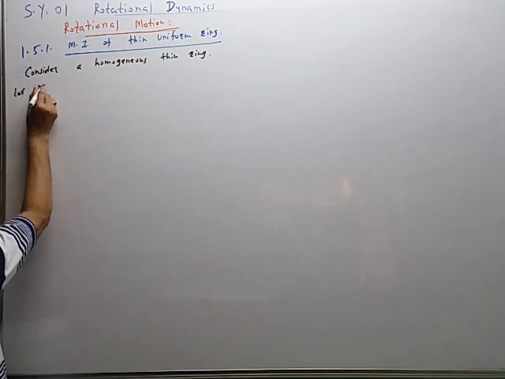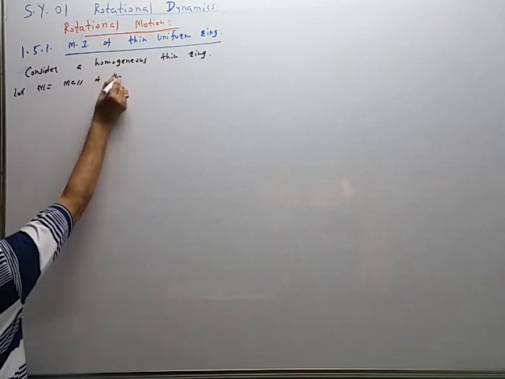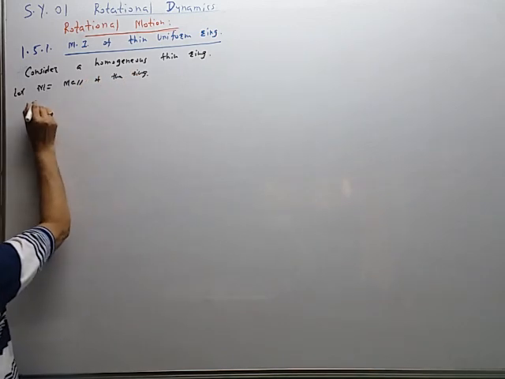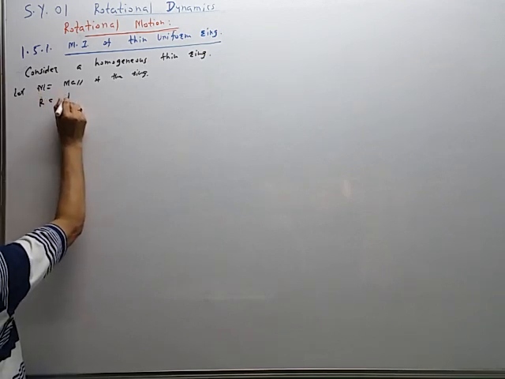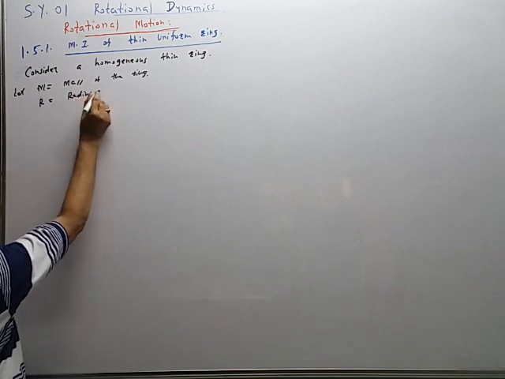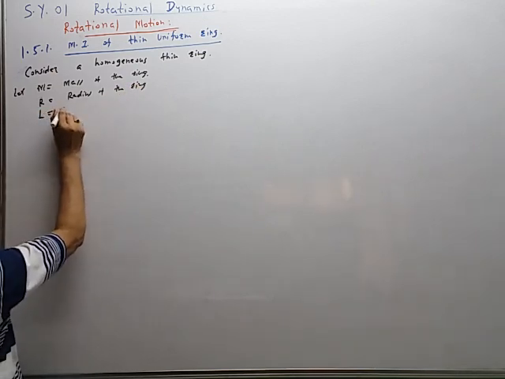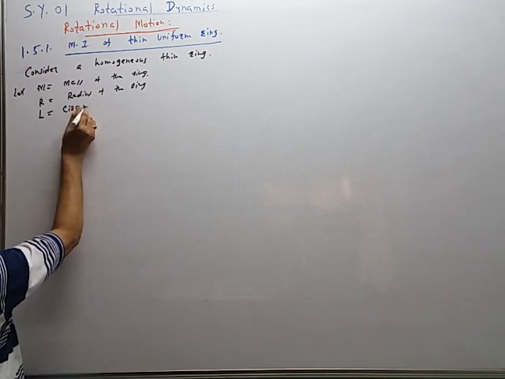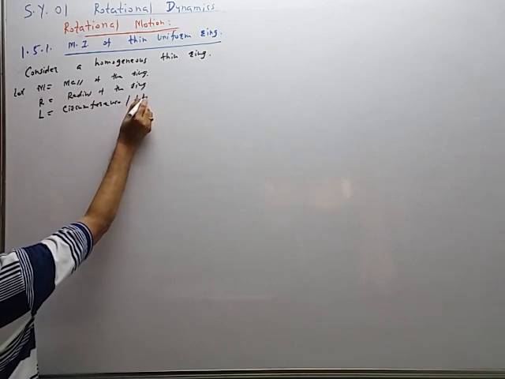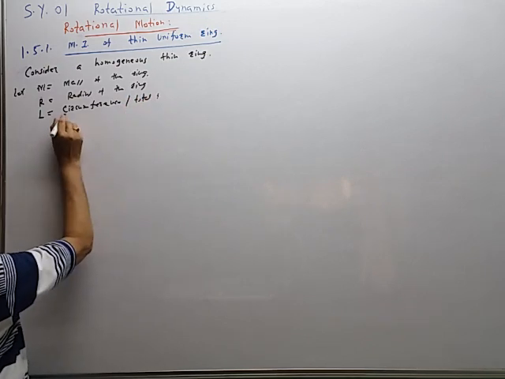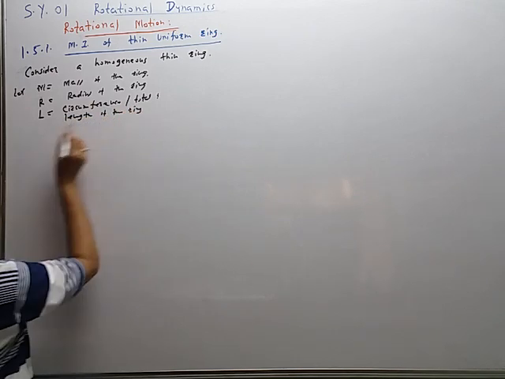Let capital M is equal to mass of the ring, capital R is equal to radius of the ring, capital L is equal to circumference, that is total length of the ring.